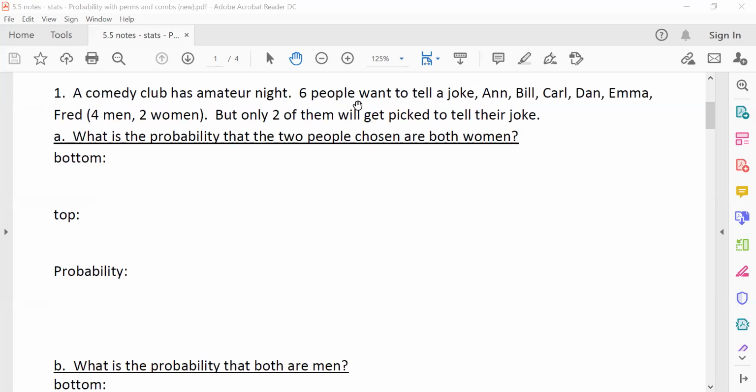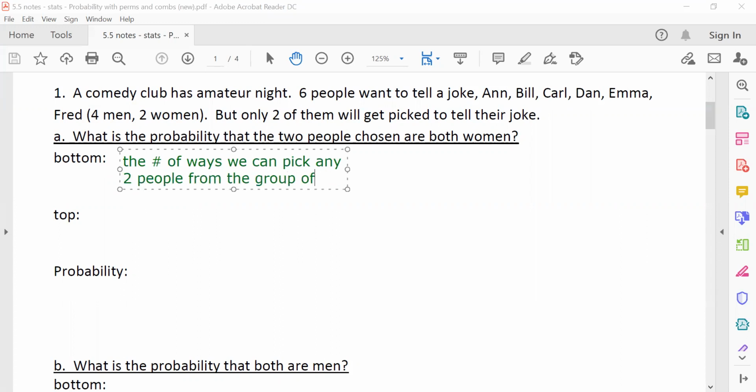The bottom number in our probability calculation is going to be the number of ways we can pick any 2 people from the group of 6. It's the total number of ways this experiment could turn out, whether we get what we want or not. What we want is that both of them are women. And it doesn't matter the order that you go up there and tell your joke.